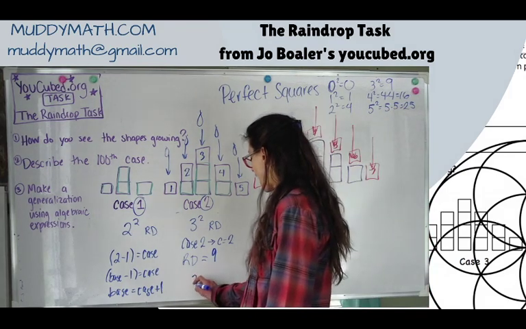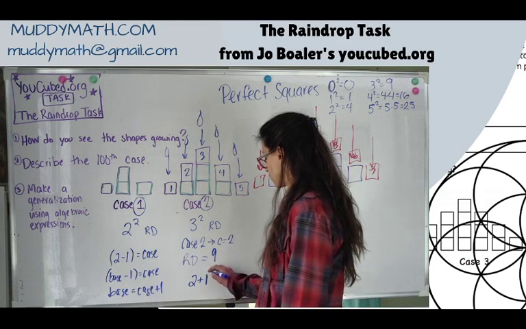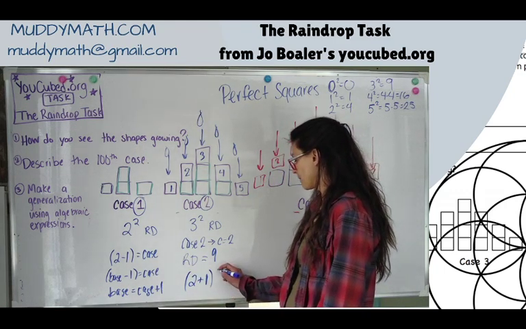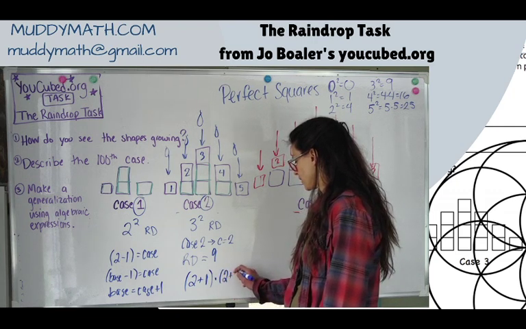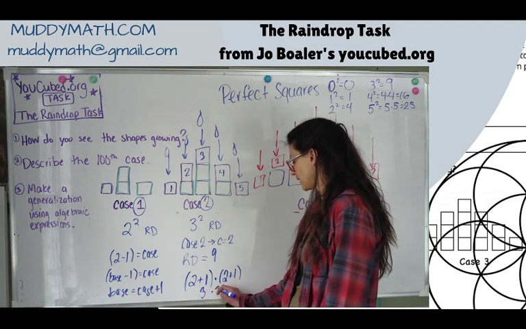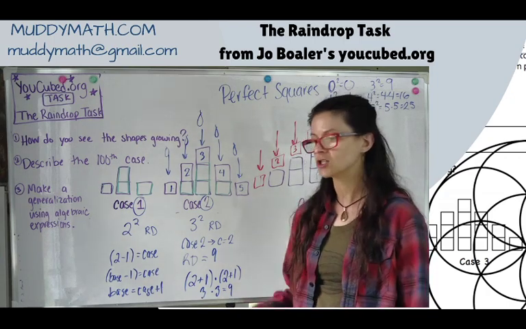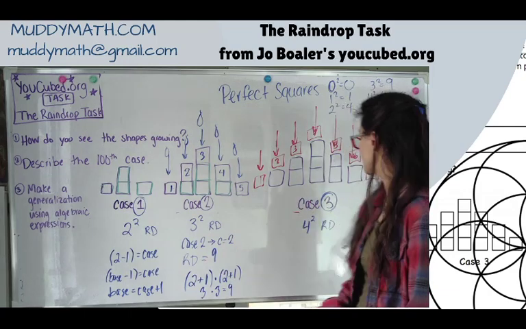Well, if I add 1 to 2, I get to 3. And then I can multiply that by 3 or multiply it by itself. 2 plus 1 is 3. So 3 times 3 is 9. Okay, we're playing around with the numeric expressions, trying to see if we can substitute, find a pattern, use variables. We're going to keep going.